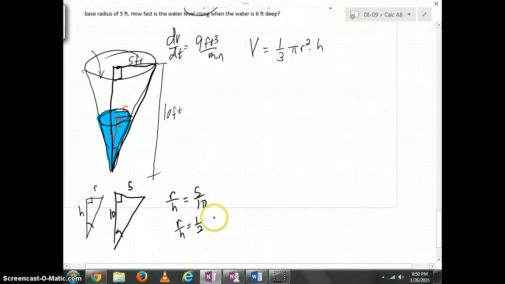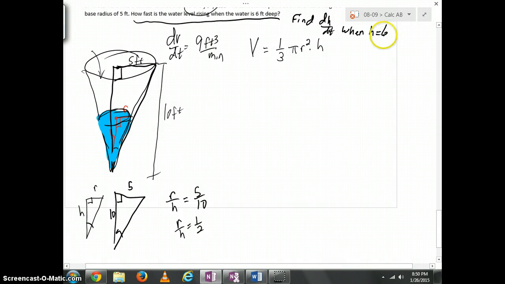But ultimately, the question that is being asked is how fast is the water level rising? So they want us to find dh/dt, find how that height of the water is rising or changing, increasing, when the water is 6 feet deep, when h is equal to 6.